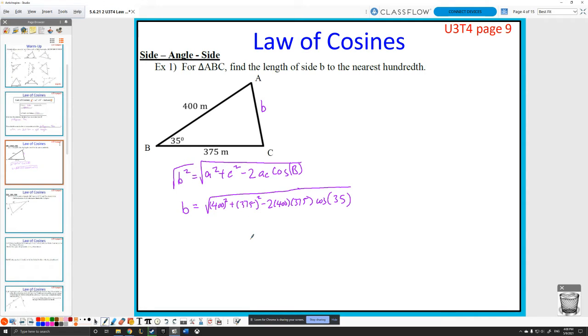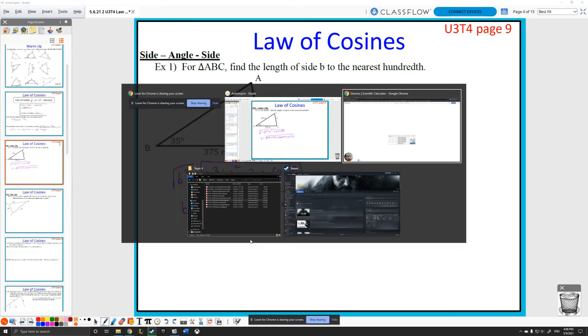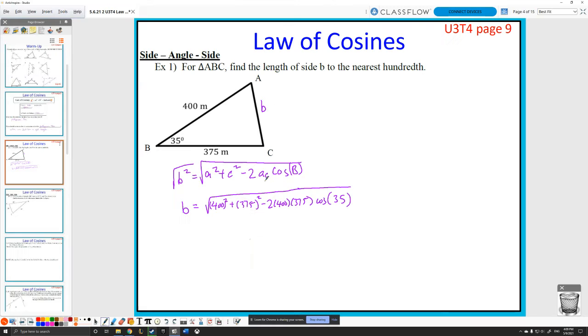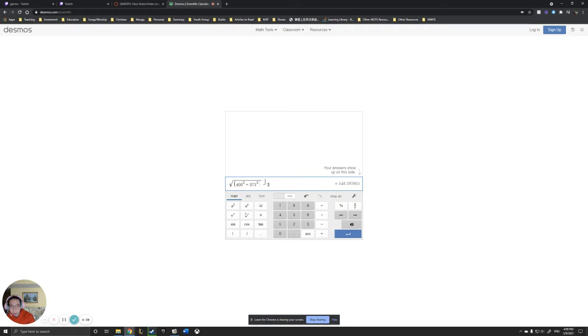So in Desmos, or if you have a graphing calculator, it doesn't really matter: 400 is my first term, squared, plus 375 squared, and then minus 2 times 400 times 375 cosine of 35 degrees. And I have my solution here.